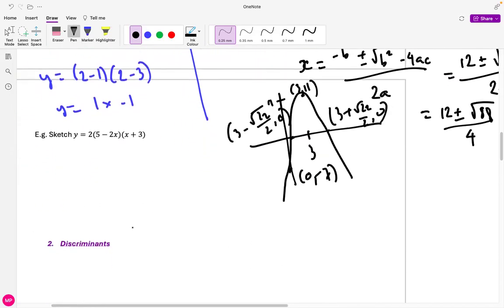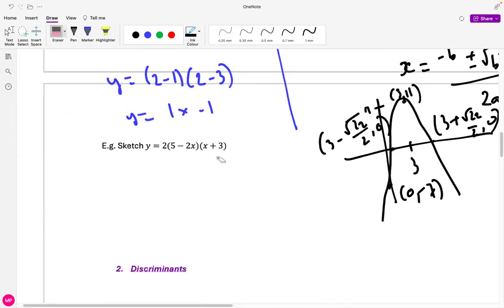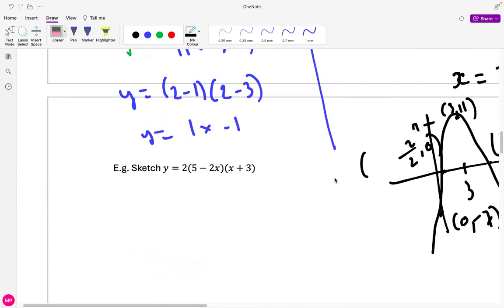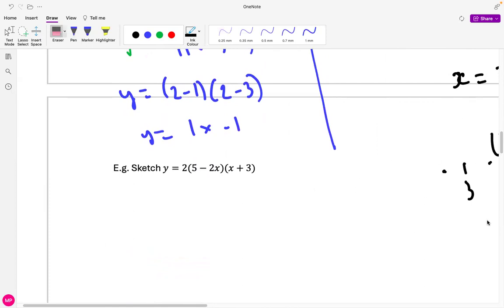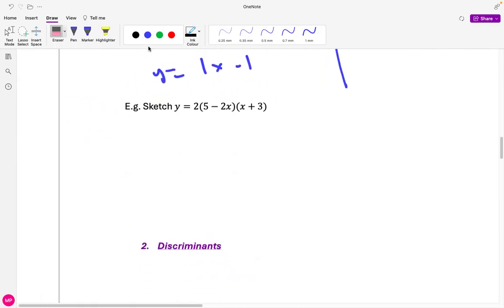All right. Now we're going to do the last example, which in this case, we're going to learn to sketch in factorized form. Let me just wipe this out. So to sketch in factorized form, we first find the x-intercepts here.